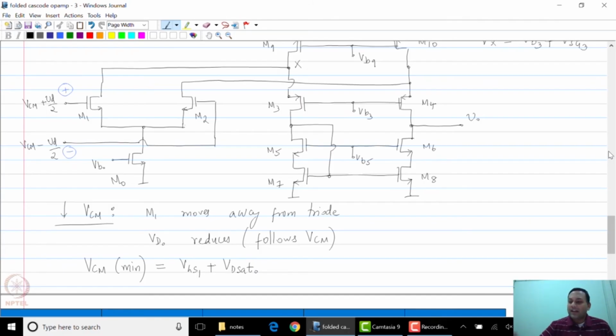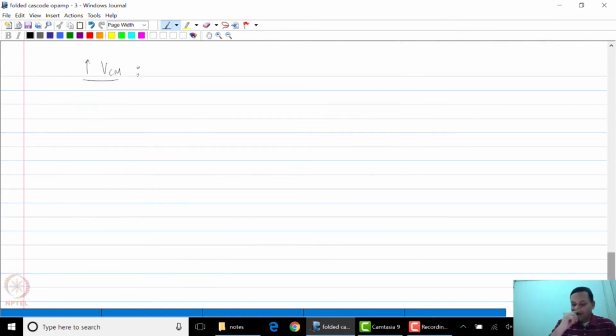That is because nodes X and Y are held constant at VB3 plus VSG3. Therefore, the gate voltage of M1 is increasing, the drain voltage is constant, so clearly it is moving towards triode region.